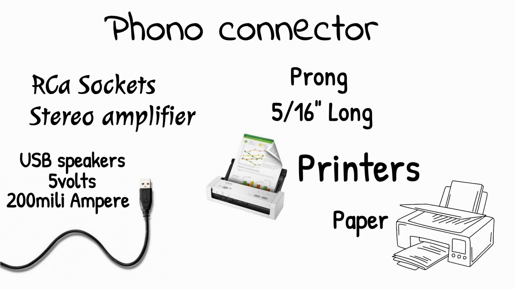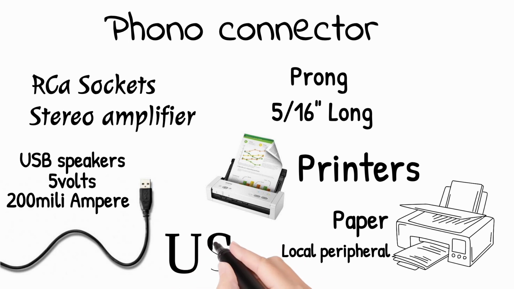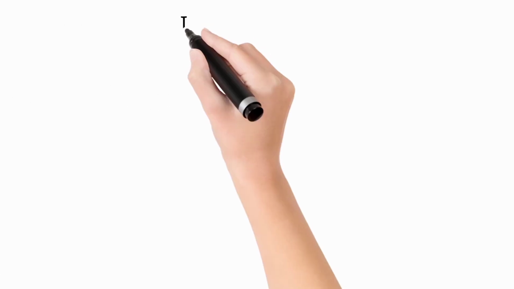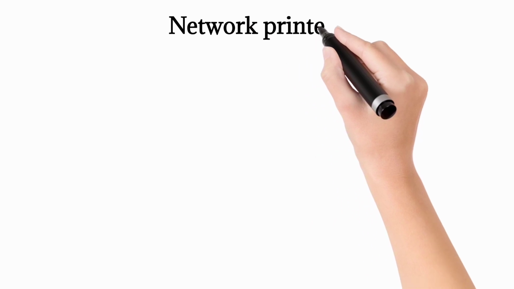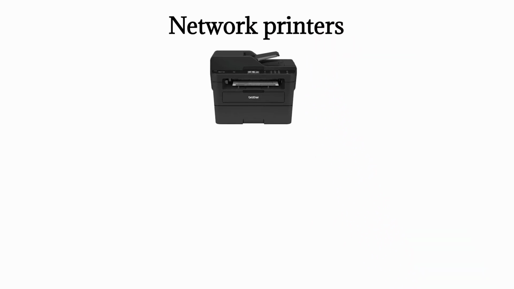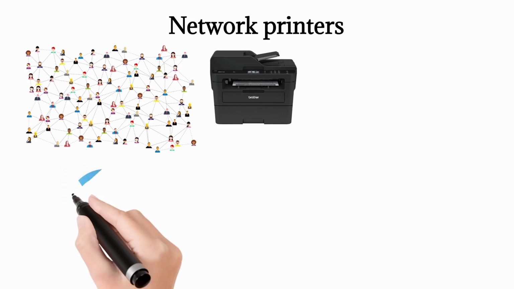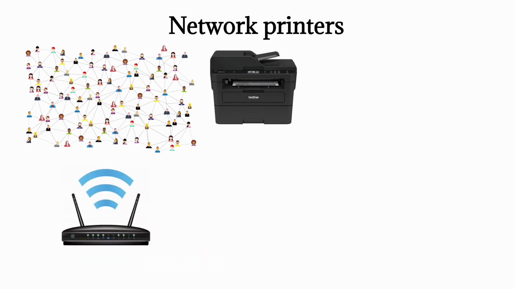Many printers are first and foremost used as local peripherals and are attached by a printer cable or, in most new printers, a USB cable to a computer, which serves as a document source.